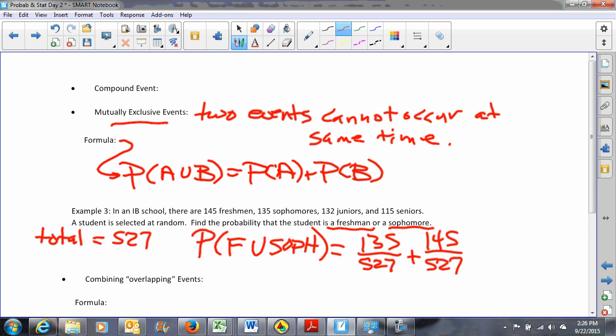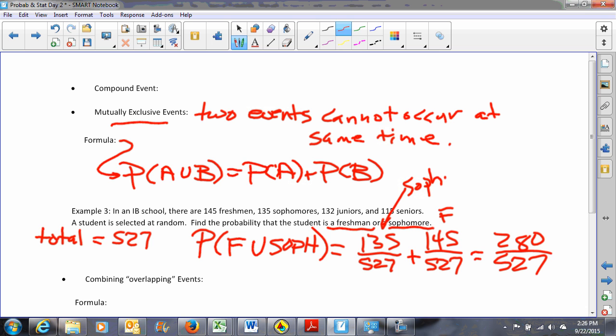I looked up here, got them backwards. This is the freshman right here. This is the sophomores right here. So when we add them together, we get 280, I think, over 527. That might reduce. I don't think so. But the probability that a student would be a freshman or a sophomore would be 280 over 527.